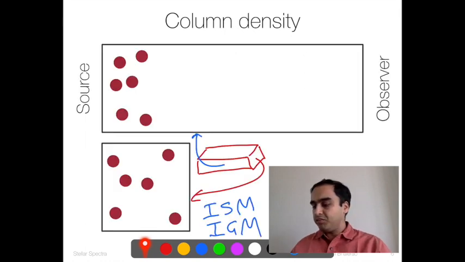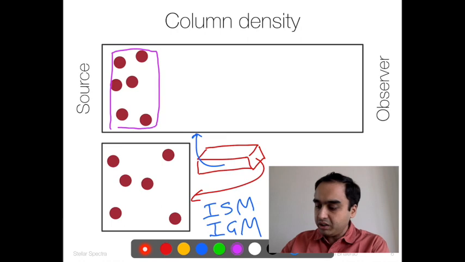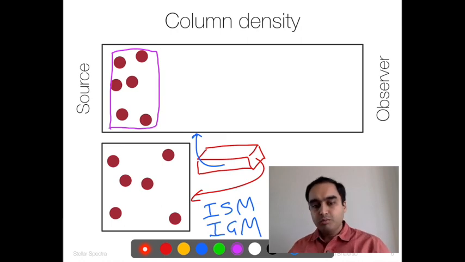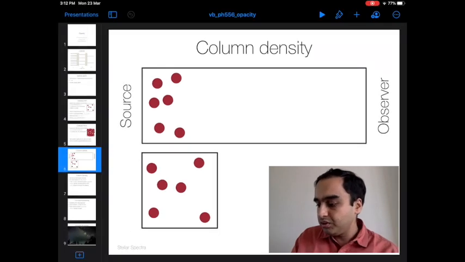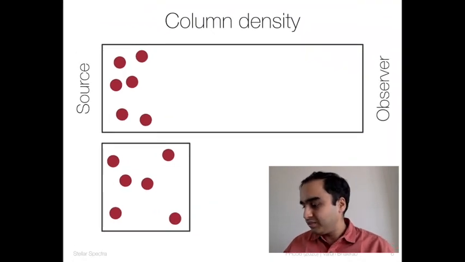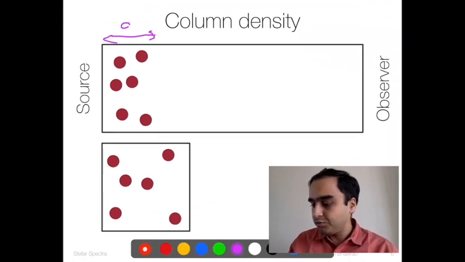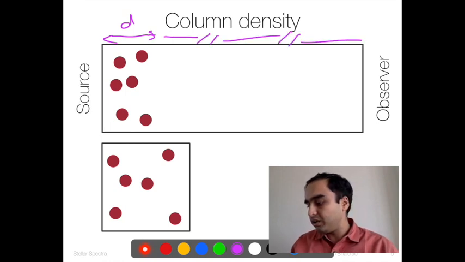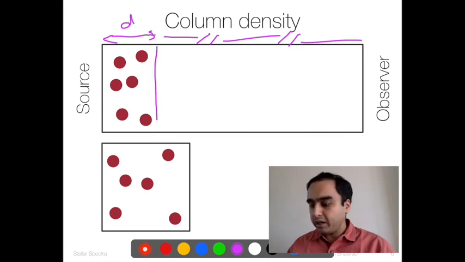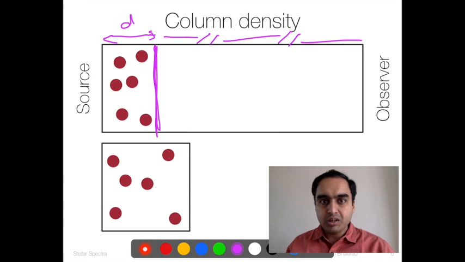Going back to the previous example, I would use this part as the distance, and I would ignore this entire part here, because I can assume that these particles have uniform density small n_X in this part, but there is nothing here.